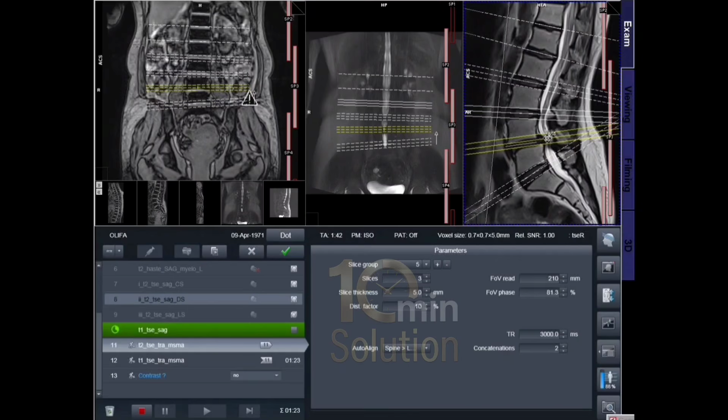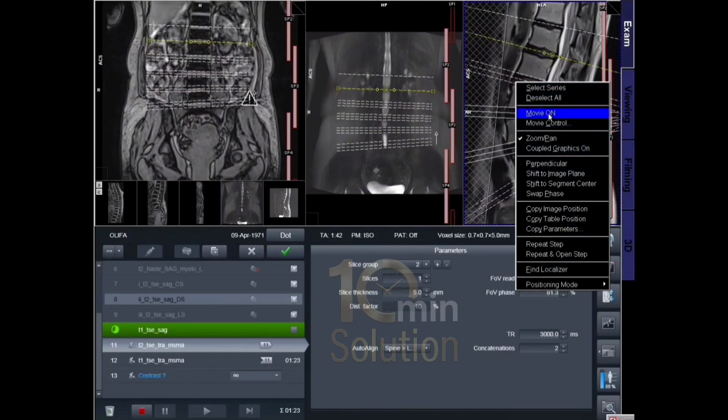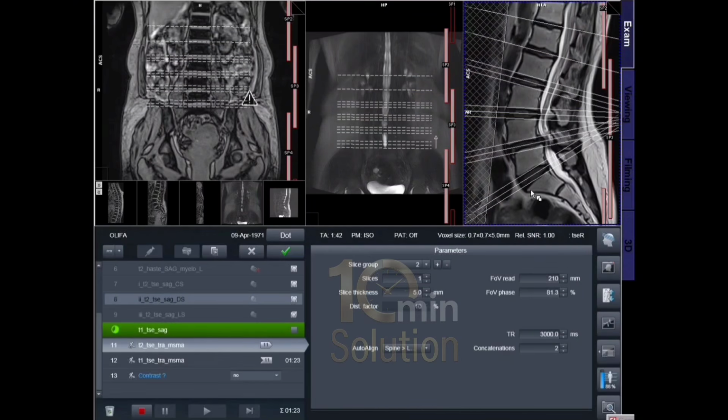This is the main problem of this patient. Now I nicely set up the planning.